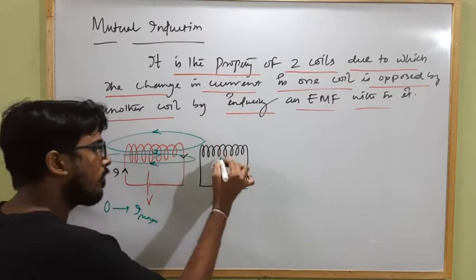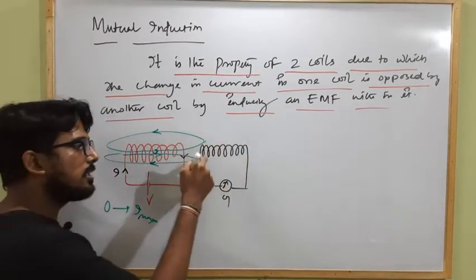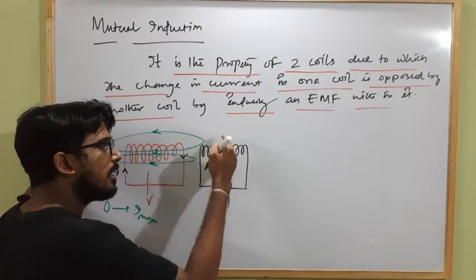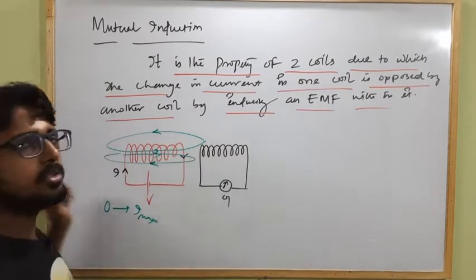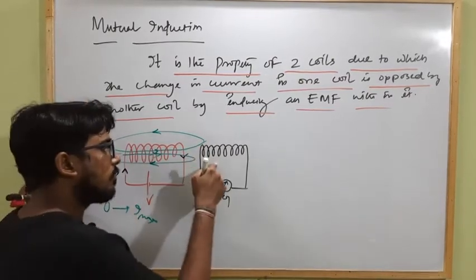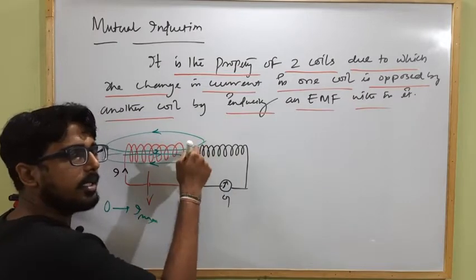As a result, the flux linked with this coil changes from 0 to maximum, and due to the change in flux an induced EMF is produced within this coil. And the nature of that induced EMF is what? It will oppose the cause of it.